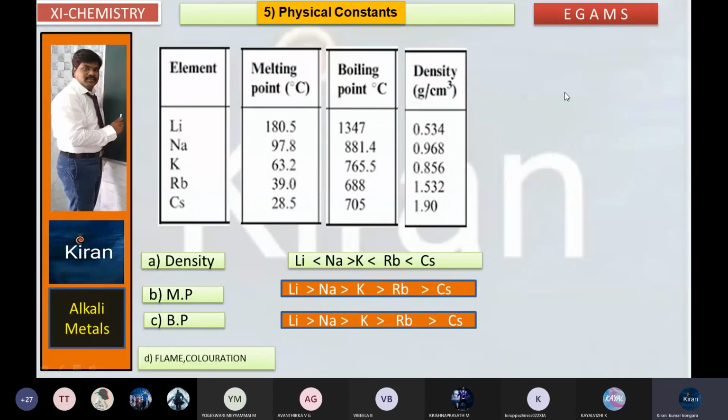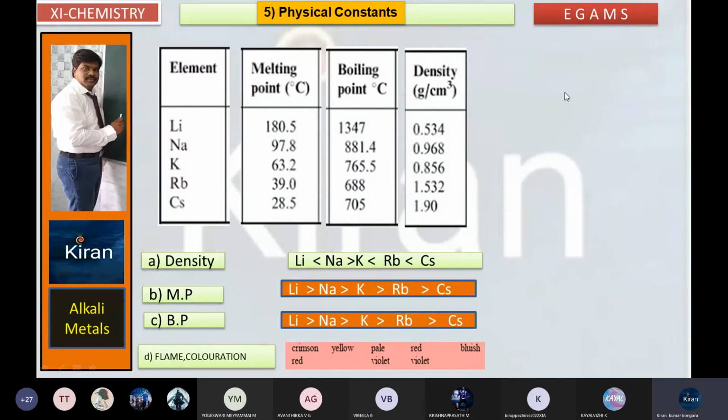Finally, I am going to explain flame coloration. The beauty of alkali metals is that when you keep them in a Bunsen flame, they burn with colorful flames. Based upon the color of the flame, you can identify the metals. So what are the colors of these metals? The flame color of lithium is crimson red.